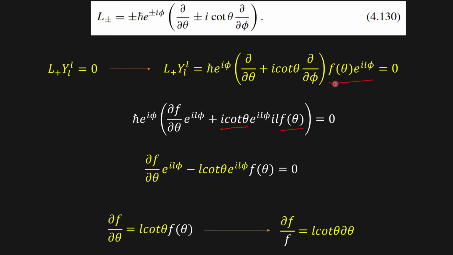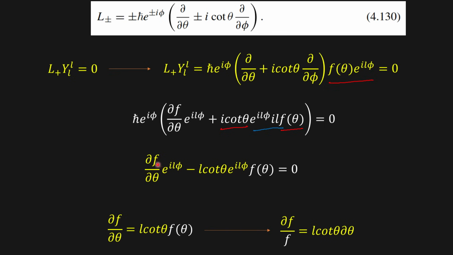Differentiating only the exponential term gives i l times the exponential term. So now you bring this to the other side, and this will be 0.